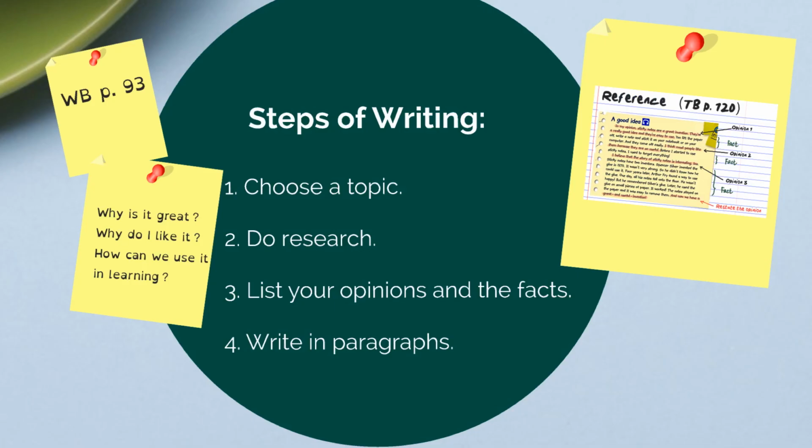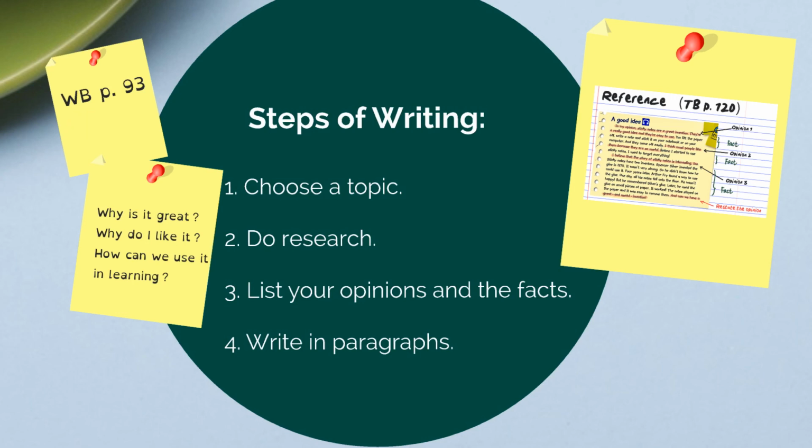Let's revisit the steps of writing. First, choose an invention that you like. Next, do research on the invention that you plan to write about. Then, please don't forget to list your opinions and facts in the table that you can find in your workbook on page 93.